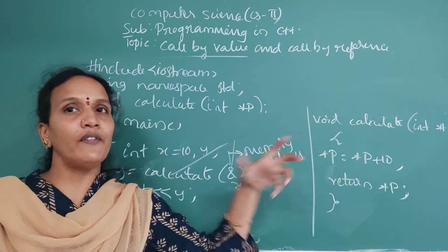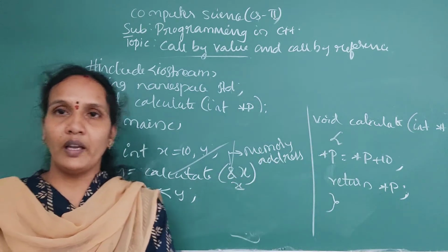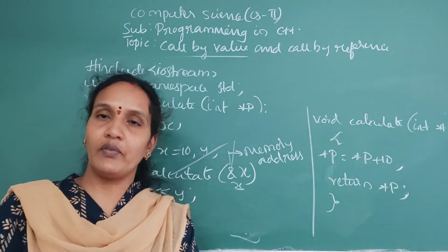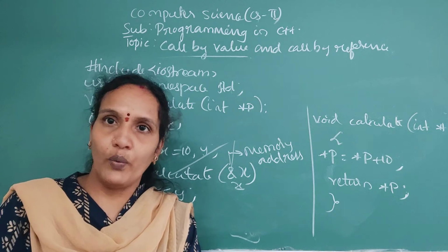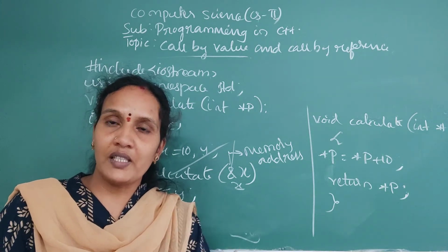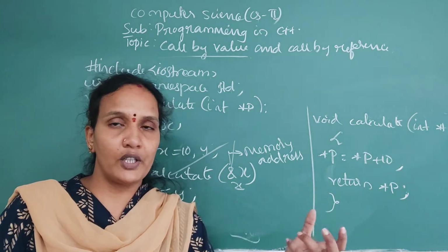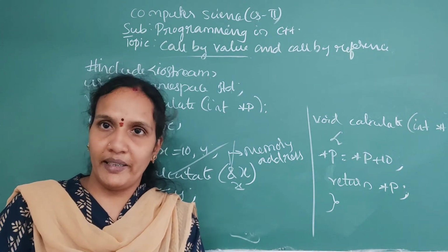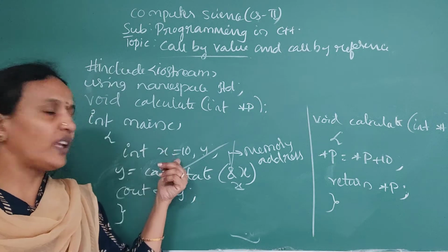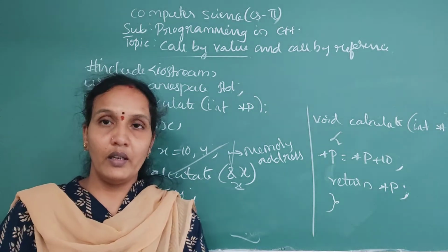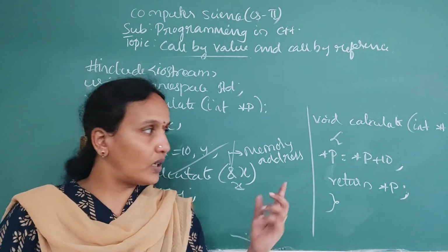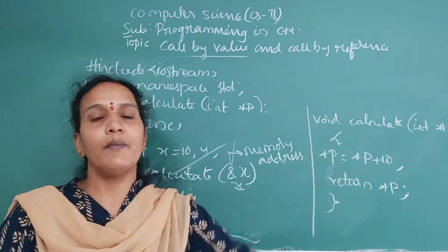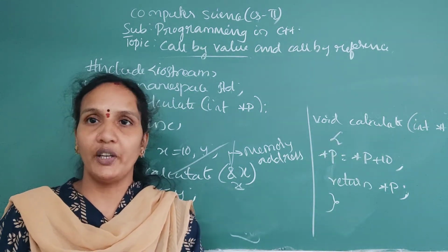That user defined function can use that value, and after using it, when the function execution is over, whatever modifications were done by the user defined function will be undone, cancelled, and the main variable value will remain 10. But if you are using call by reference, whatever new value you store will be in the memory. That is call by reference.